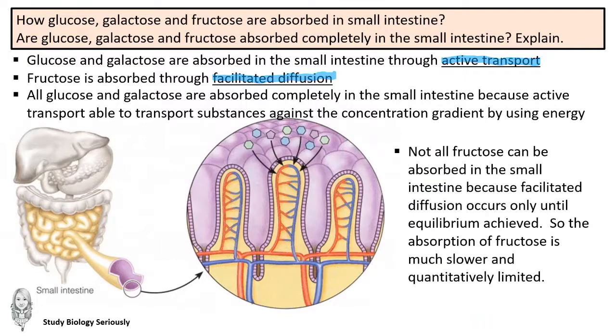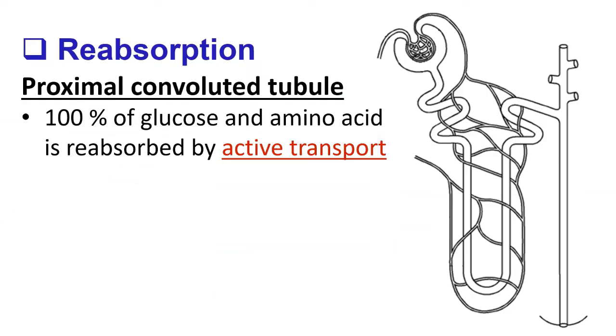So, not all fructose can be absorbed in the small intestine because facilitated diffusion occurs only until equilibrium is achieved. So the absorption of the fructose is much slower and quantitatively limited.